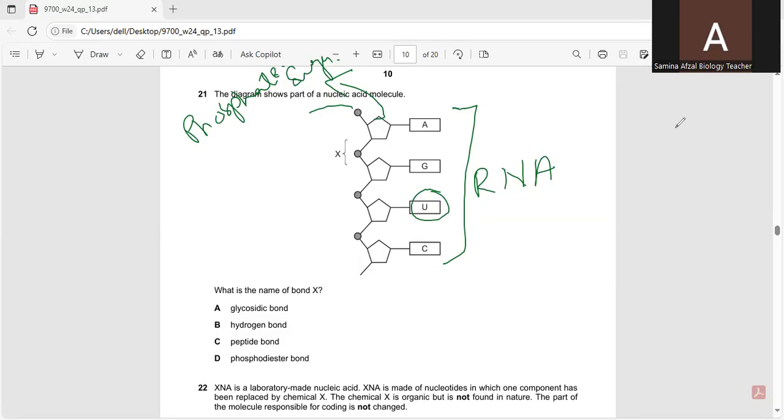They have asked what is the name of bond X. You can see bond X is formed between the phosphate group and the sugar molecule.